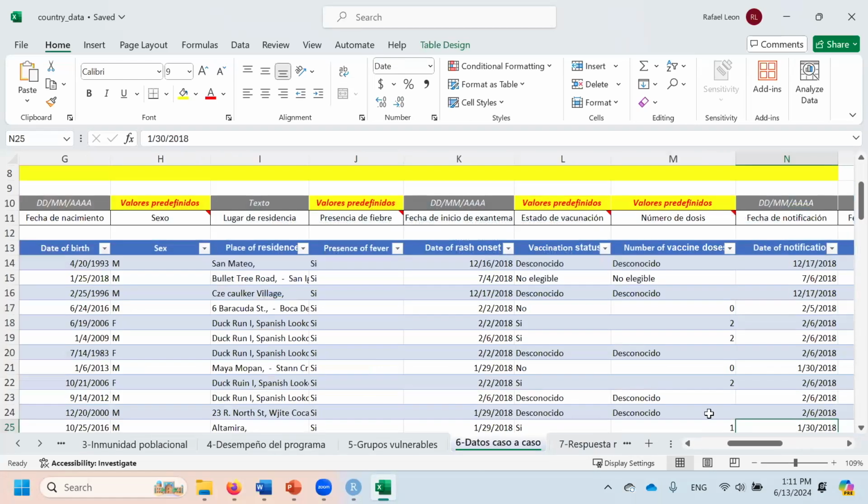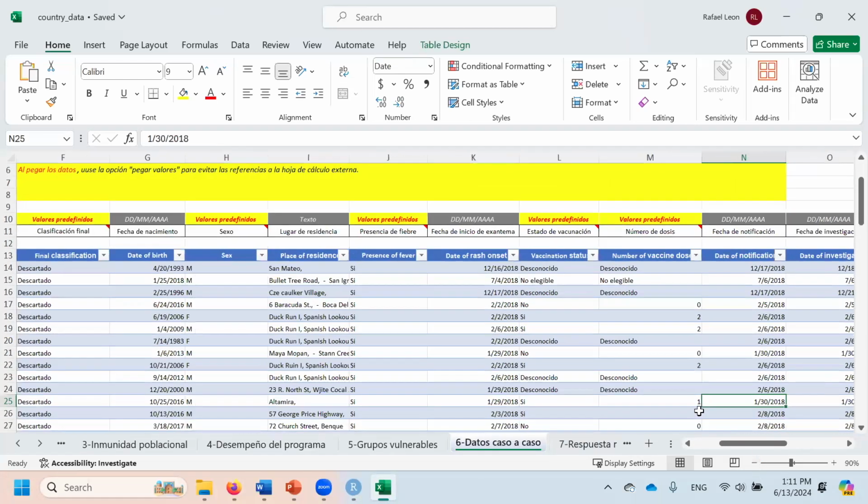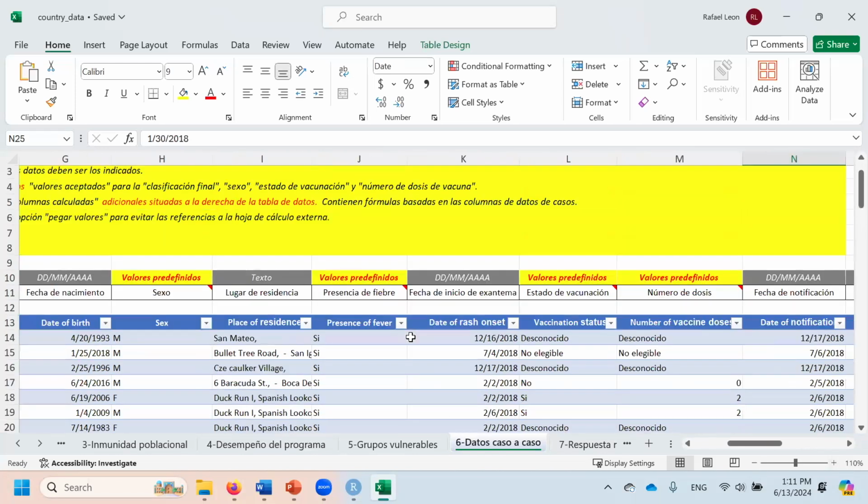On sheet 6, we compile information on the presence of suspected cases of measles or rubella reported during the year prior to implementation of the risk analysis. It is important to fill in the information for the date variables and make sure that the Excel column is in the date format.